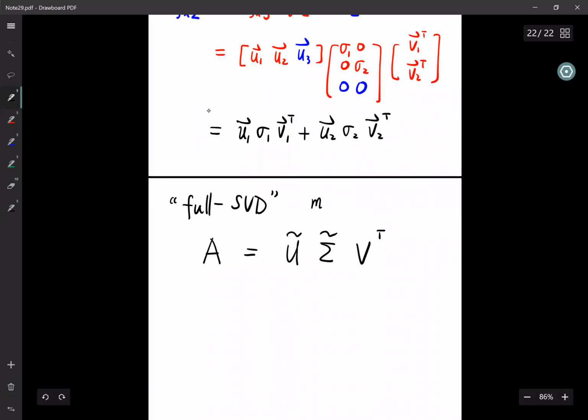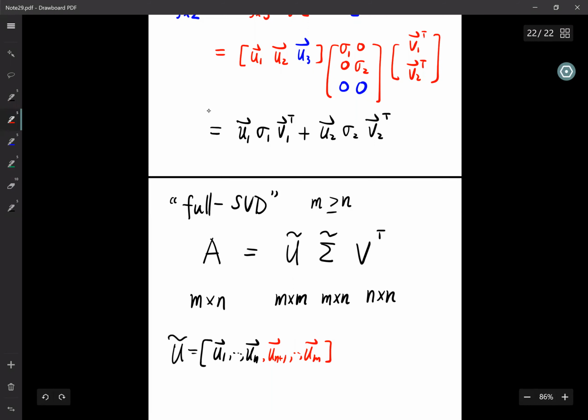Again, I assume M is bigger than N. This is M by N, so this is M by M, this is M by N, and this is N by N. Because you do exactly the same procedure, U tilde is U1 through UN, then N plus 1 and so on.